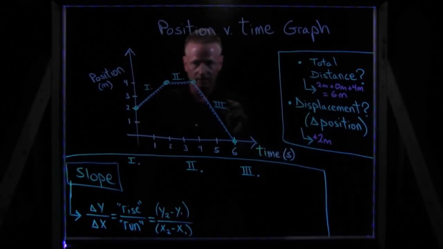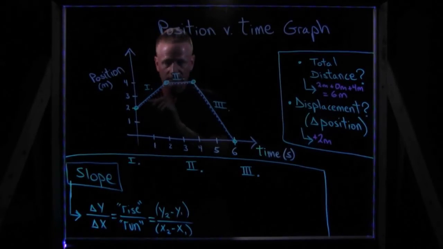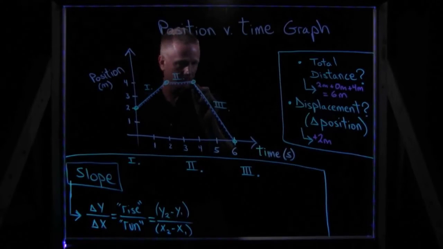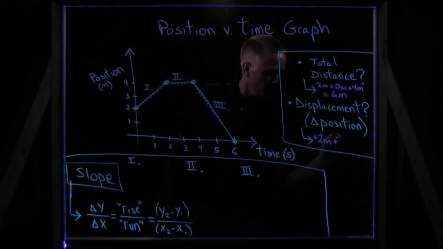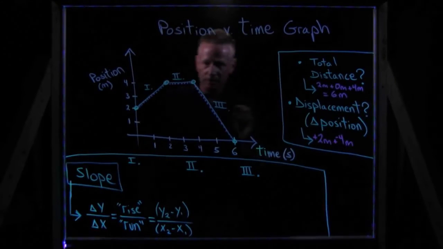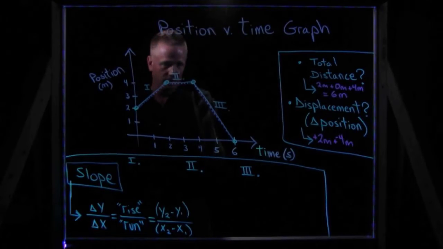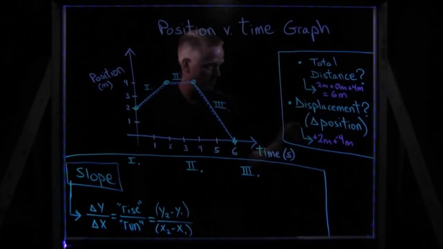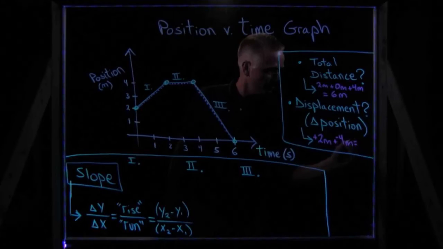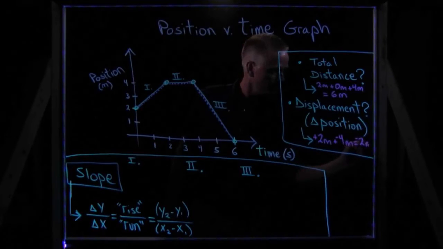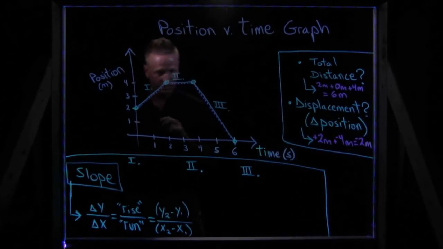But in your last segment, you didn't move 2 meters in the positive direction, rather you moved 4 meters in the negative direction. The 4-meter change in segment 3 starts at 4 and ends at 0, and 0 minus 4 is a change of negative 4 meters, for a total displacement, or change in position, of negative 2 meters over the course of 6 seconds.